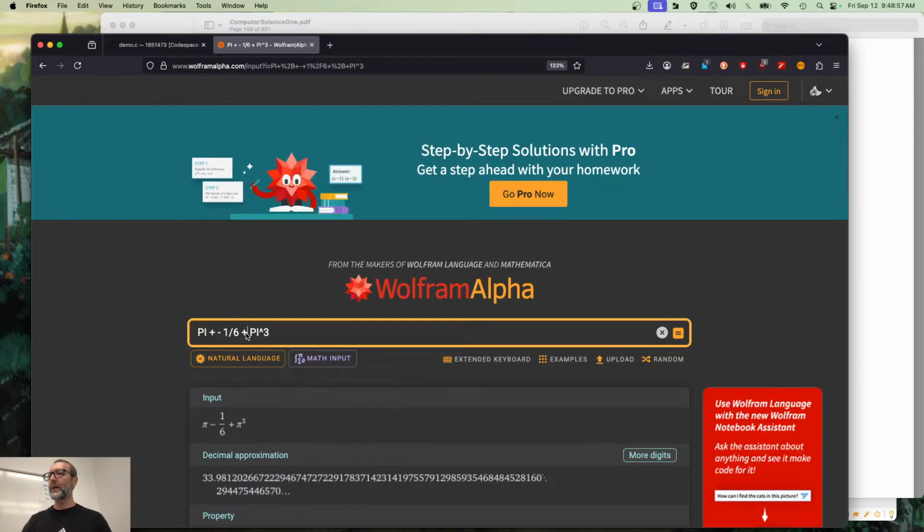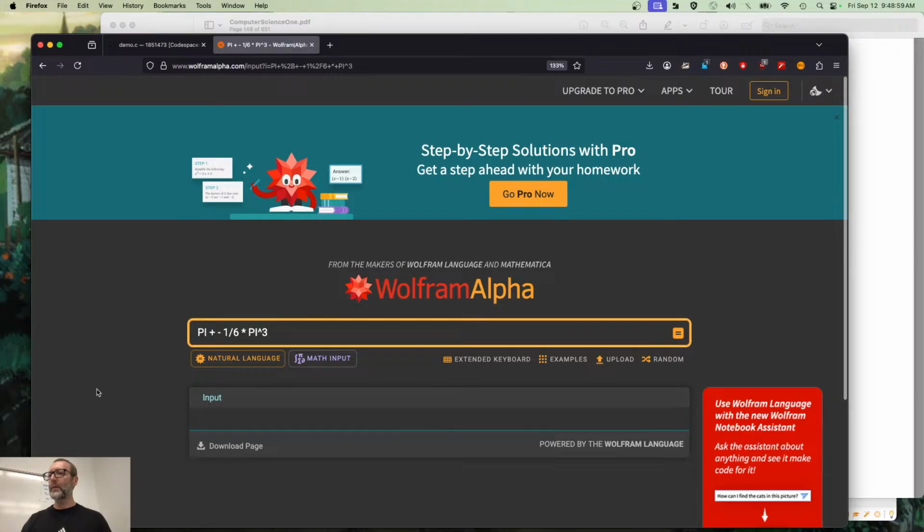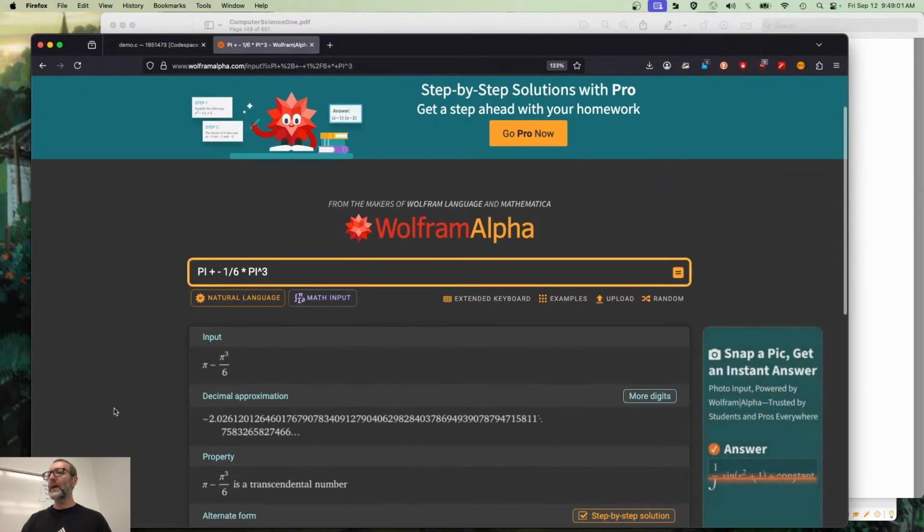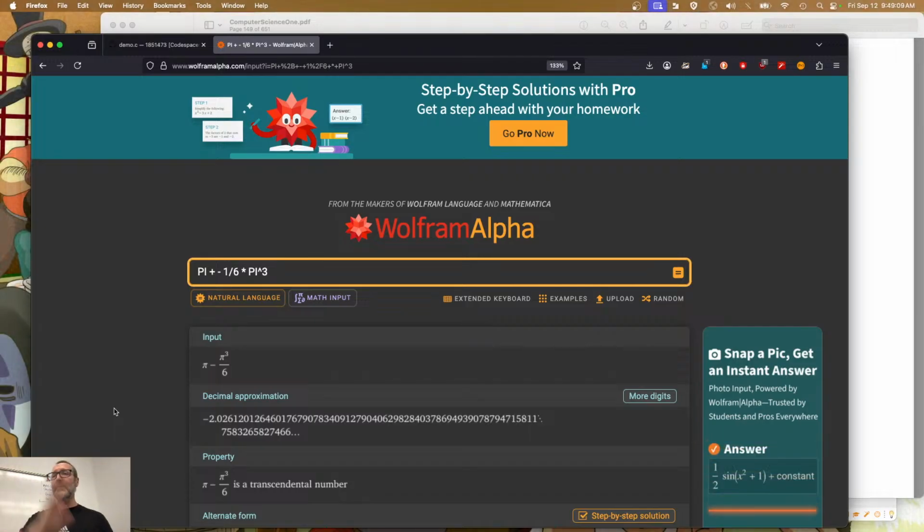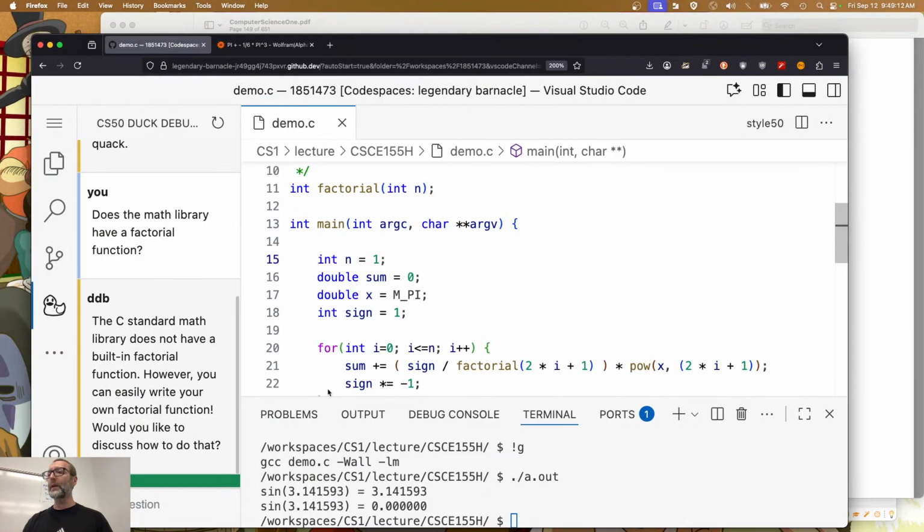Oh, sorry, that's not plus, that's times. There we go. So I should get negative 2 something something. It's going to oscillate, right? It started out large, pi, then it jumps to the other side, negative. It's going to jump back and forth because it's alternating.